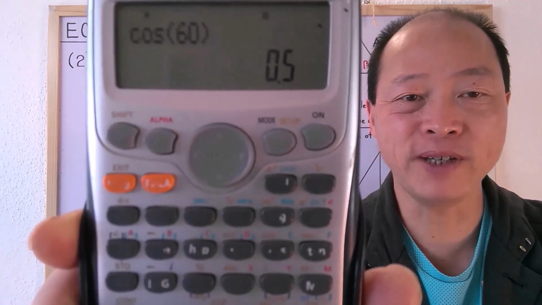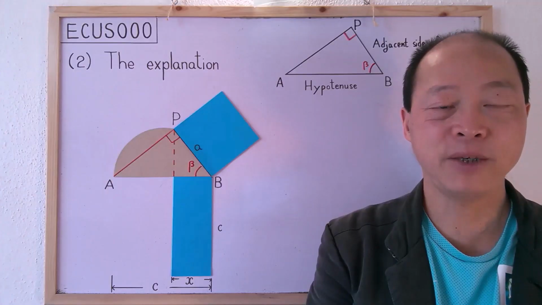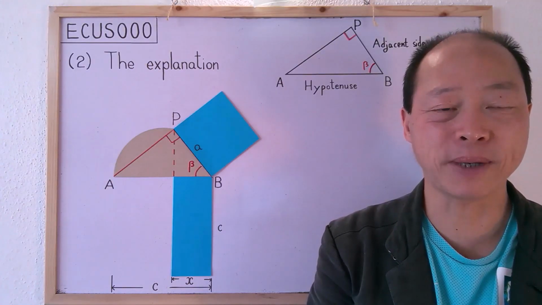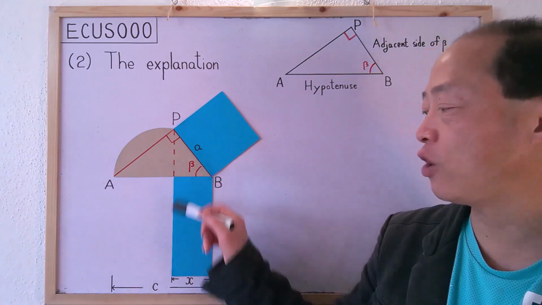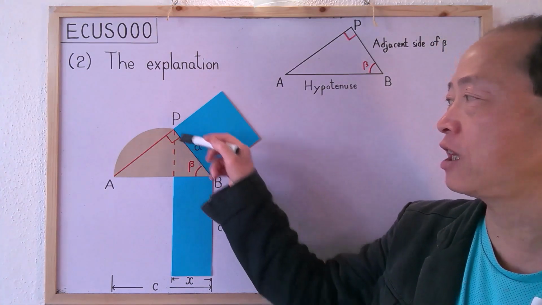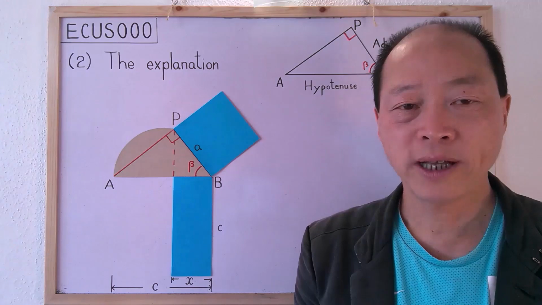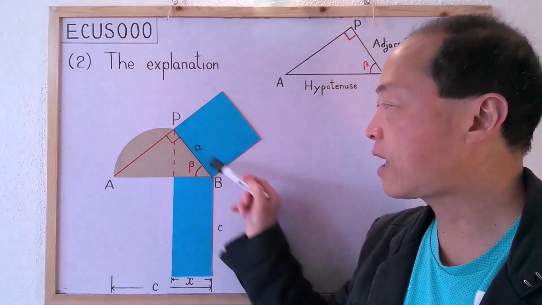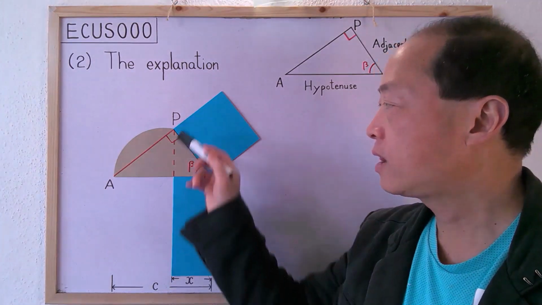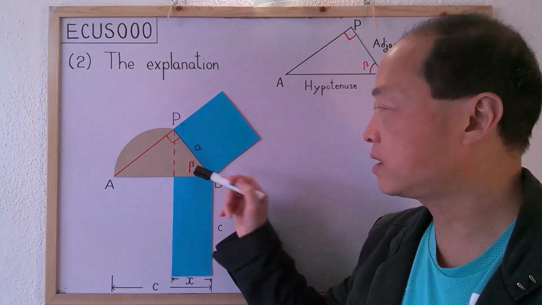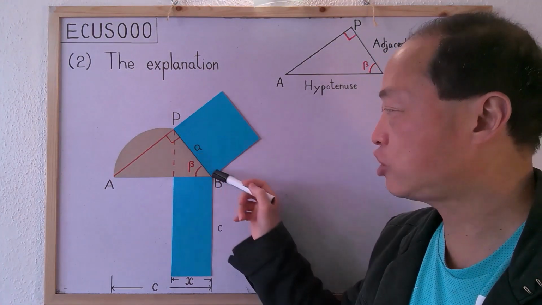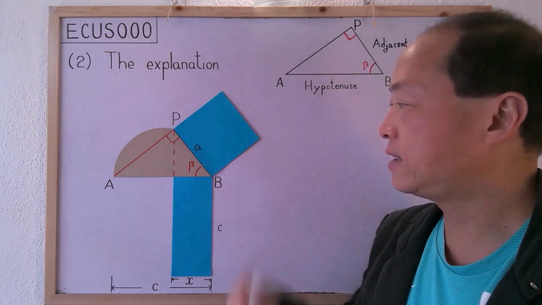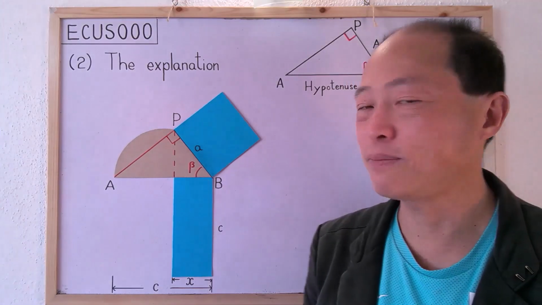It is very convenient. Let's see if we can use the cosine value of an angle to work out the explanation on why the area of the rectangle equals the area of the square. Look at this big right-angled triangle. These two sides form the right angle. This side is closer to beta. It is the adjacent side of beta. Its length is A. This side is the hypotenuse.